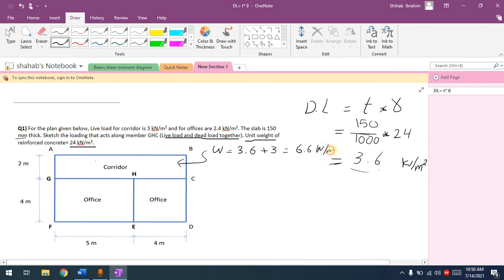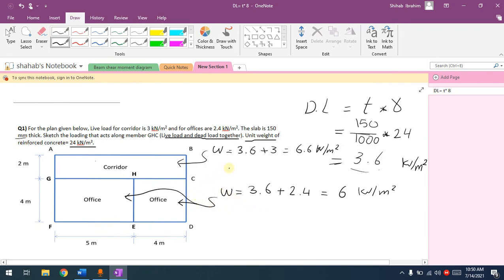kilonewton per meter square. On the other hand, for the offices, in both offices, W would be 3.6, which is the dead load from the slab, plus the live load of the office, 2.4. It's going to be 6 kilonewton per meter square.